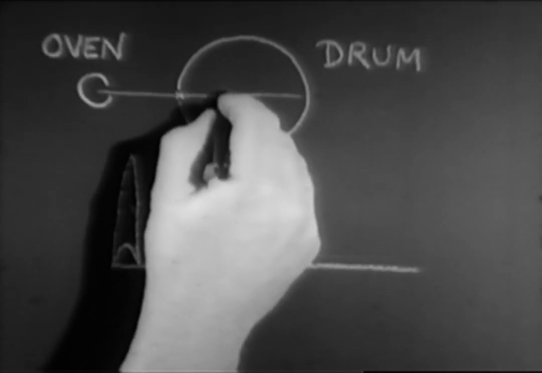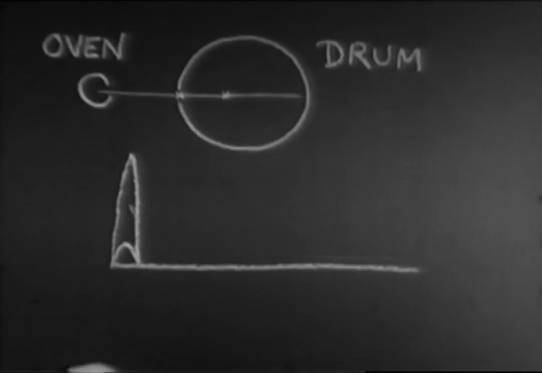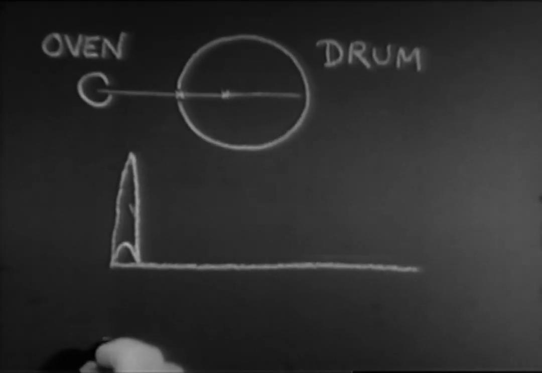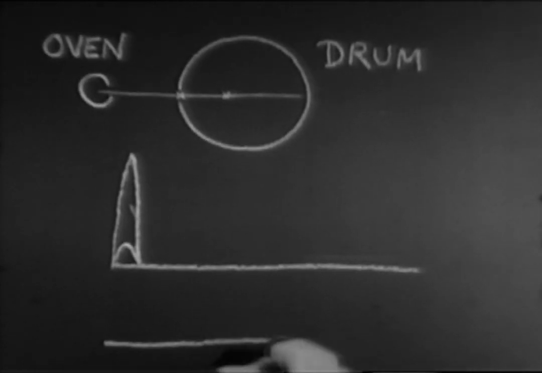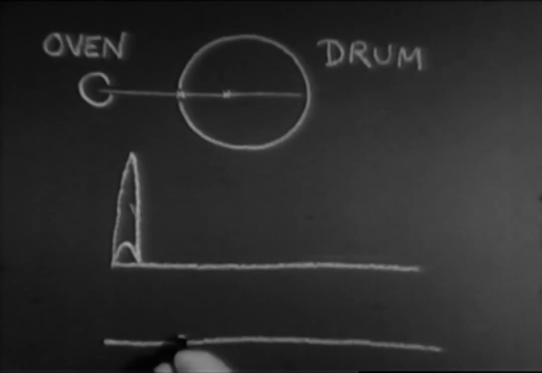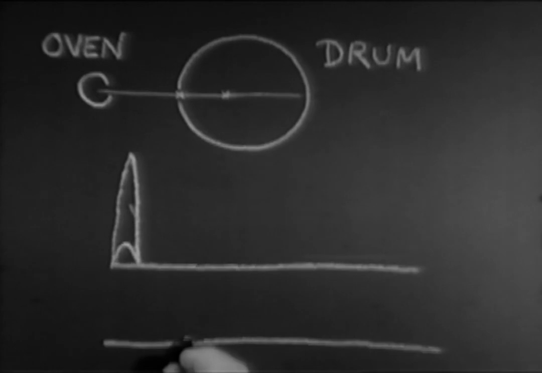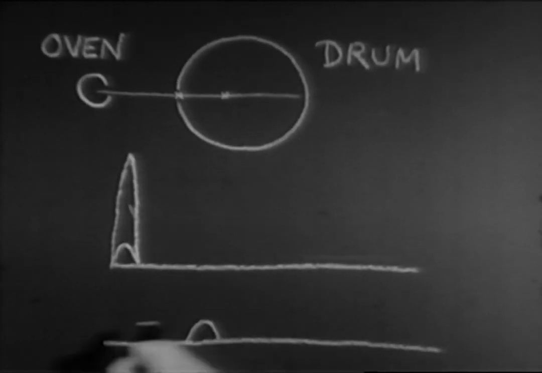Now suppose the detector is back here. When the drum turns and the slits line up, the sweep starts as before, and nothing happens for a while. Then the fast atoms start coming in here.